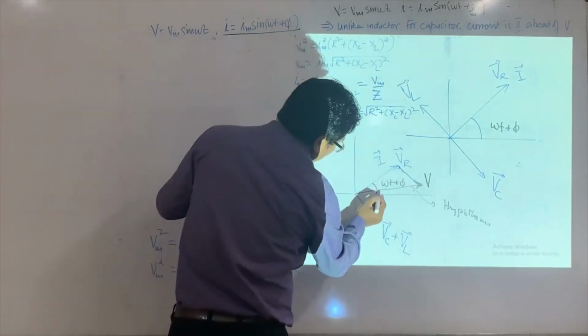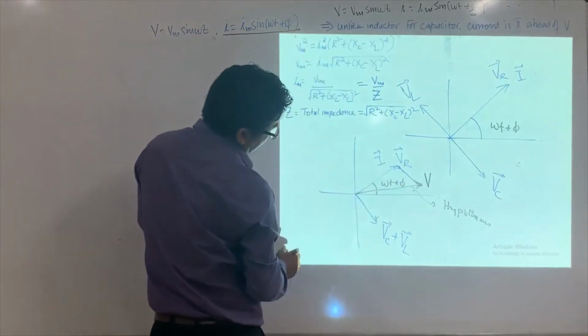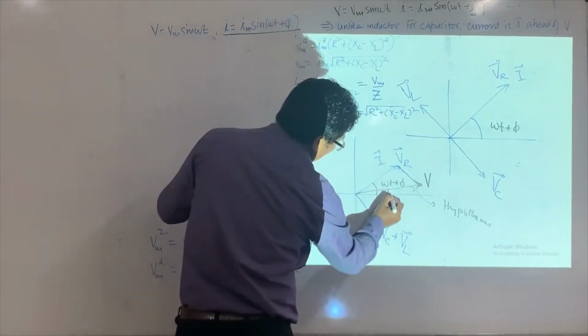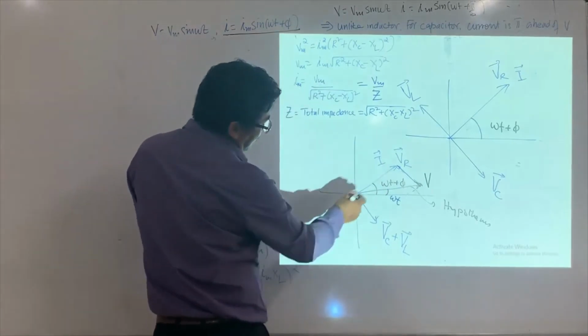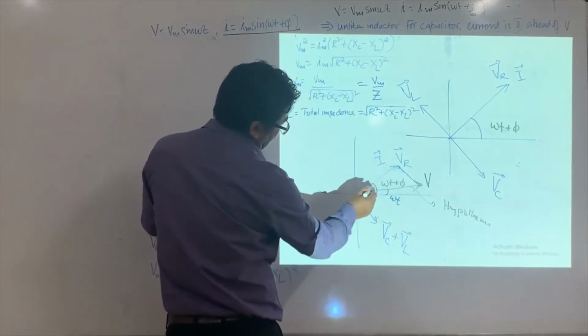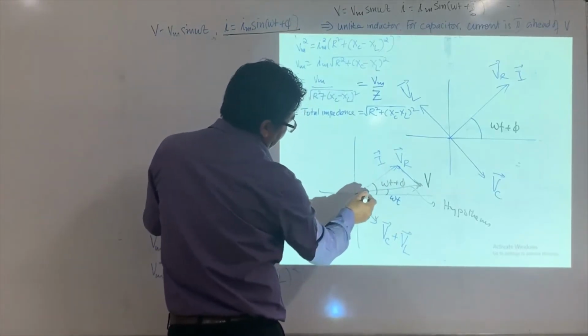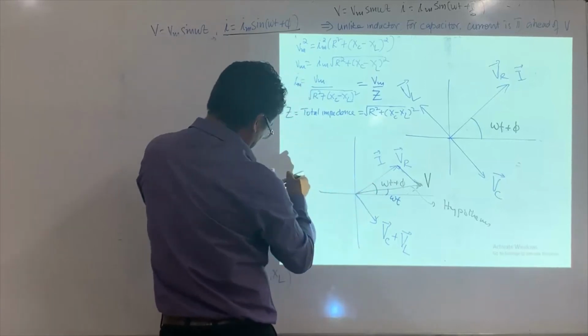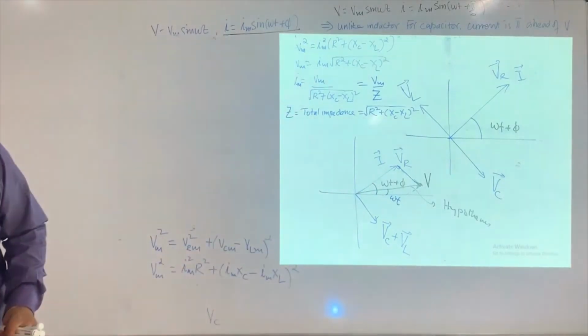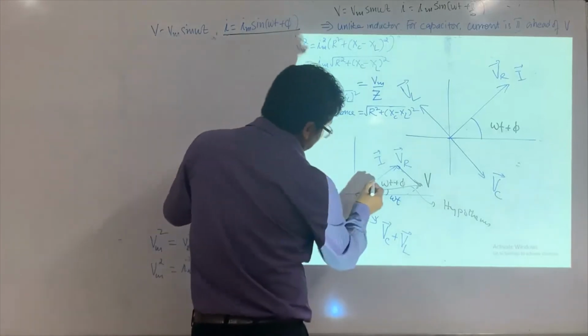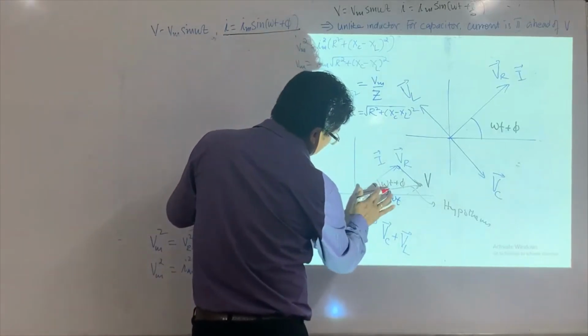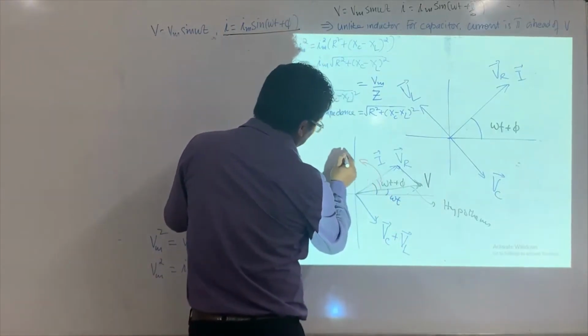And look at here, this is phi, and this is omega t. This is omega t plus phi, and this is omega t. And what is this value? This is equal to phi.